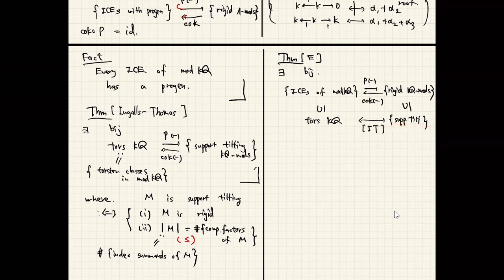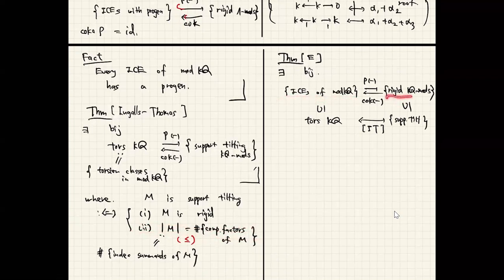Support tilting has two conditions, but my result says that if we drop the second condition, then we can get all ice-closed subcategories.